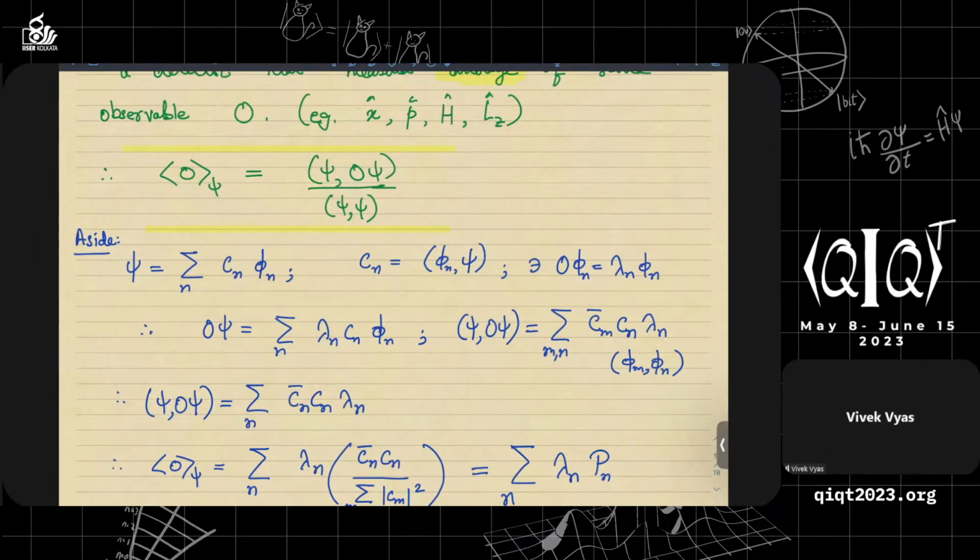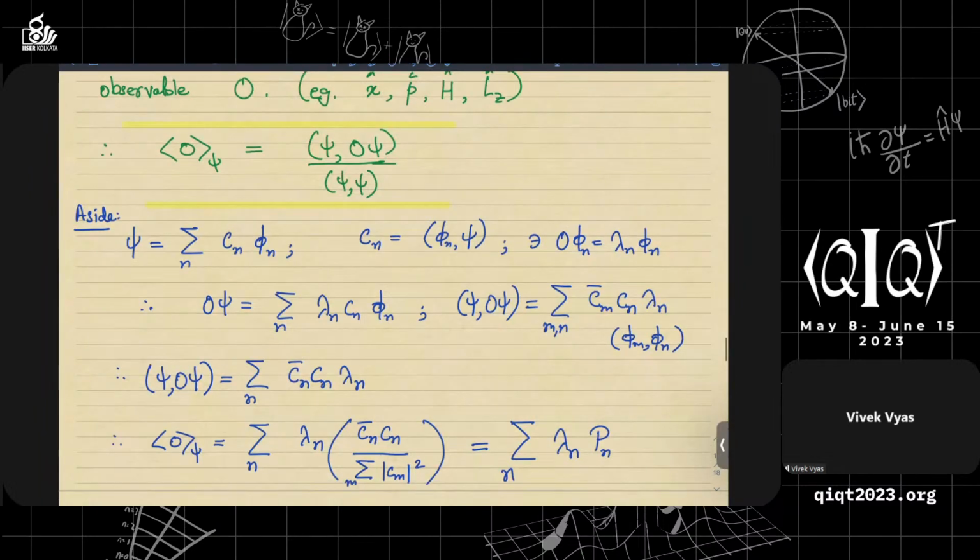Because outcomes of our measurements are eigenvalues. So when you measure this average, it is actually a weighted sum of eigenvalues with the weights being probabilities. You can work it out. You can just consider the eigenstates of this operator O with eigenvalue lambda n, and go through the math. Very straightforward, very elementary, but highly recommended if you are new to this subject.